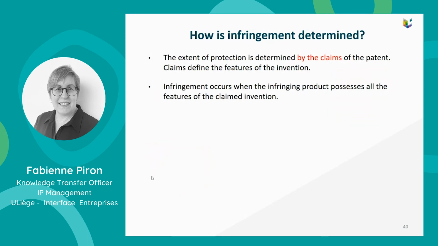So to determine the infringement, it's important to analyze the claims, so what the owner claims as its own invention. And all the steps of the claims are analyzed. And if a third party uses all these steps, then it will be considered as counterfeiting or infringement.